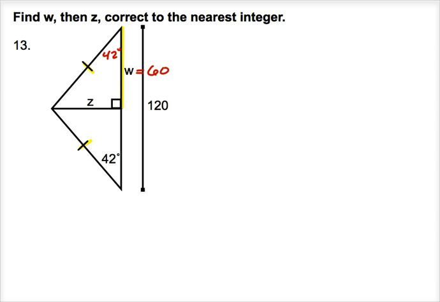Okay. Now I'm going to look for finding z. Well, I know for my ratios, if I have this 42-degree angle, that z is opposite, w is adjacent. So if I set up my tangent, I get the tangent of a 42-degree angle equals opposite z over adjacent 60.